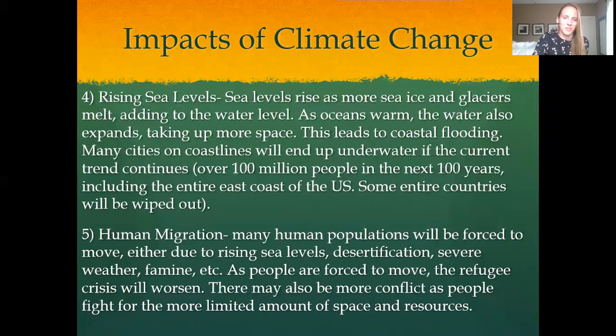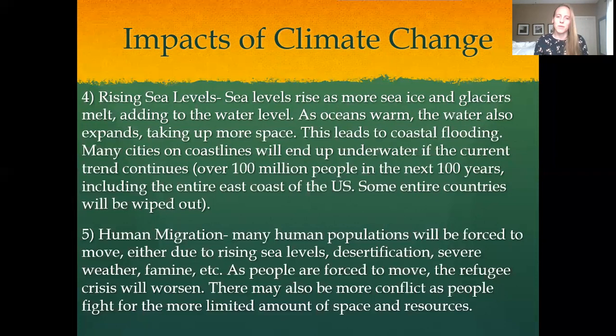Which would not be beneficial. And then, of course, melting sea ice and glaciers also causes rises in sea levels because of the ocean warming and the new water being put in. So that's obviously going to lead to coastal flooding. Many cities on coastlines will end up underwater if the current trend continues.